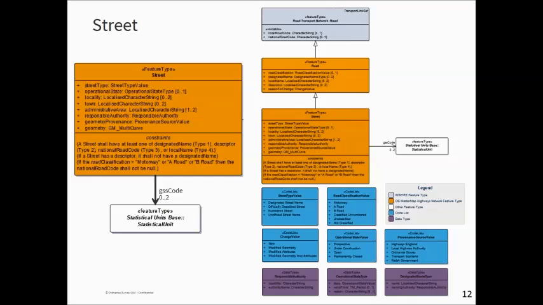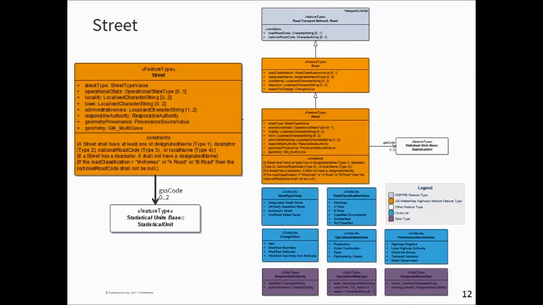So if you have a street with a designated name, then you will have the designated street name populated. Then if you have an officially described street, you will have the descriptor populated. On the other hand, if you have an unofficial street name, you will have the local name populated, and so on. So that's the relationship you need to be aware of in terms of the population of the attributes. It all depends on the classification.